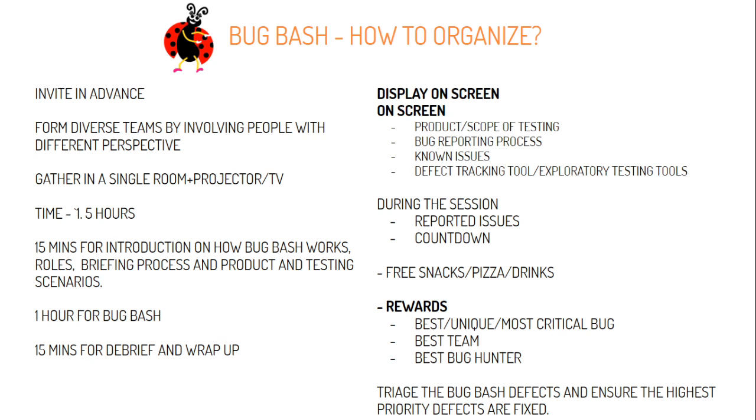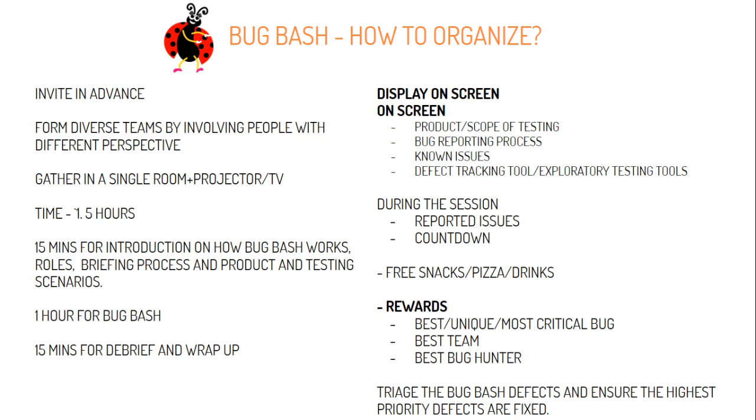So once the bug bash is done, it's important to sit with your product managers or your product owners and triage all the bugs and ensure that the highest priority bugs are fixed. I personally have seen the effectiveness of bug bashes, right? In some of the bug bashes, we have found like 50 issues in a single feature.